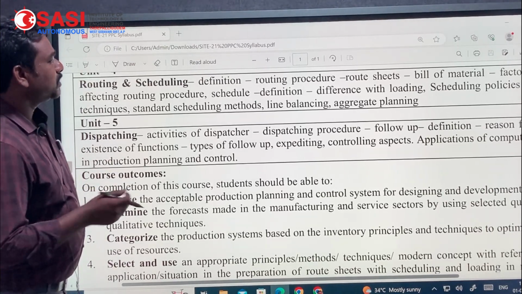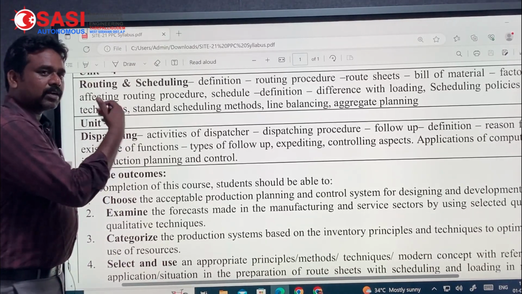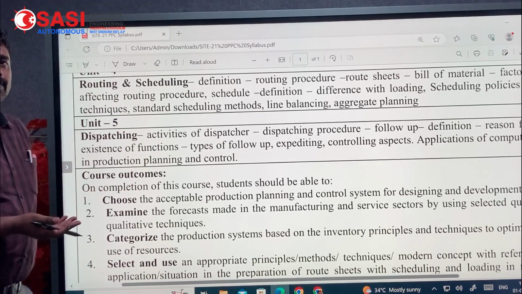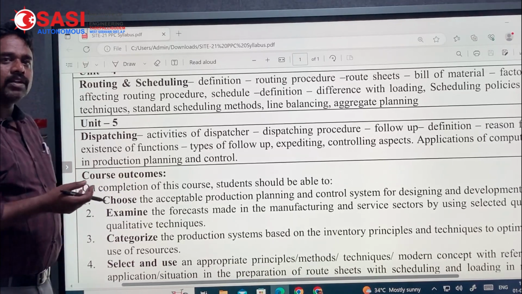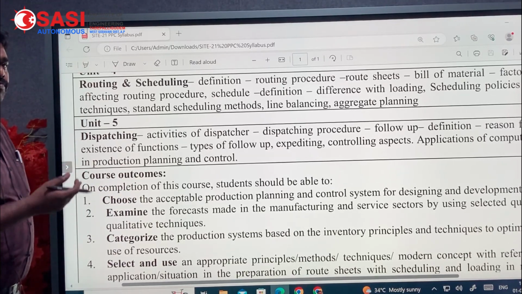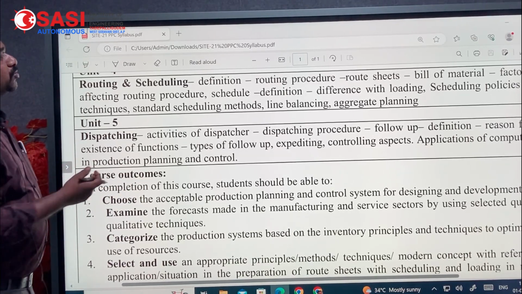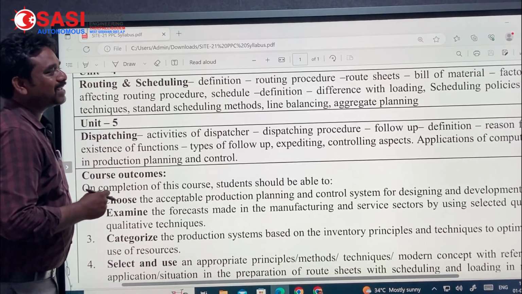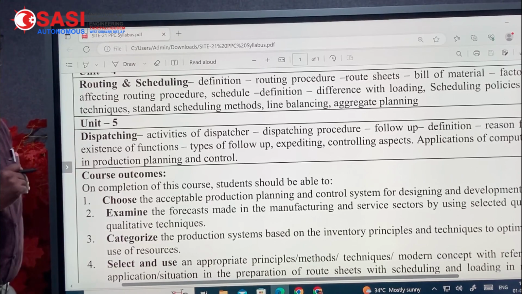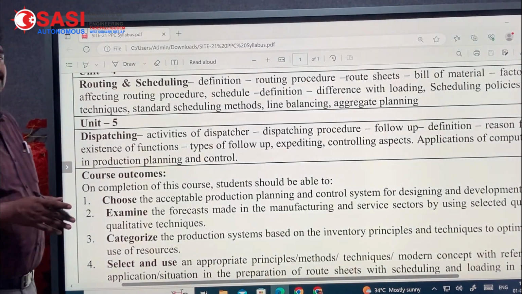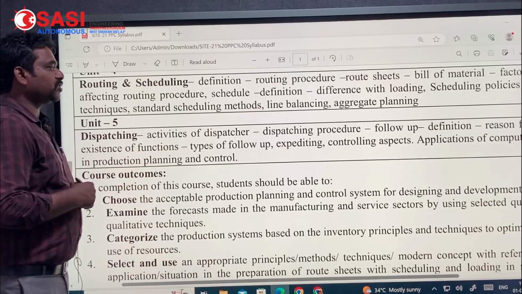In the same sense, when we are developing any product, we need to identify the possible processes that are involved and in what sequence they should be arranged so that we can produce those products in very little time. So routing is a most important factor that is to be considered in any industry or in any production system.